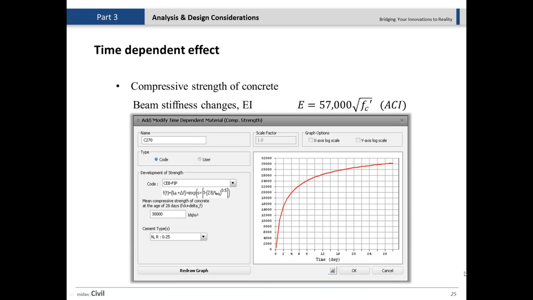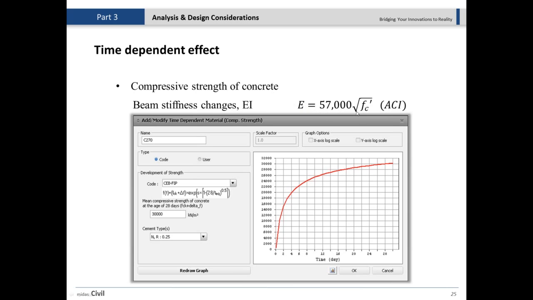But from day 0 when you pour the concrete until day 28, the compressive strength of concrete definitely changes, and the modulus of elasticity in the different codes is provided as a function of compressive strength of concrete, as you can see here.